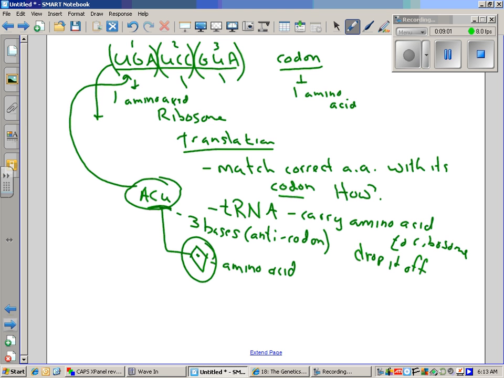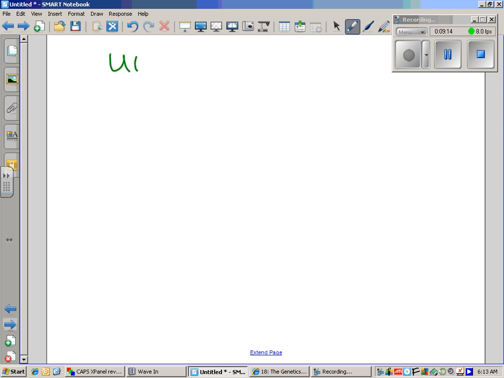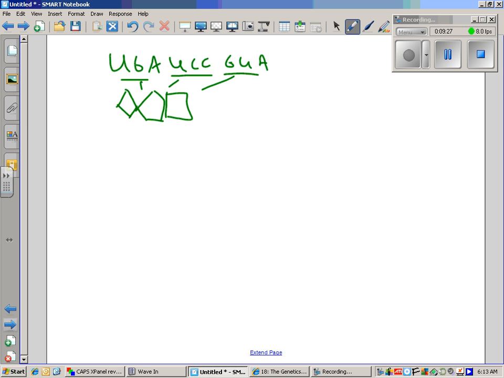And so this chain, and I'm not sure, I might have screwed up here and made a weird code, but it doesn't matter. This chain will form, if I go to the next one, UGA, UCC, GUA. There should be a tripeptide or a 3 amino acid chain that is coded for by that. And if you look at the chart in your book, you can see what that is.